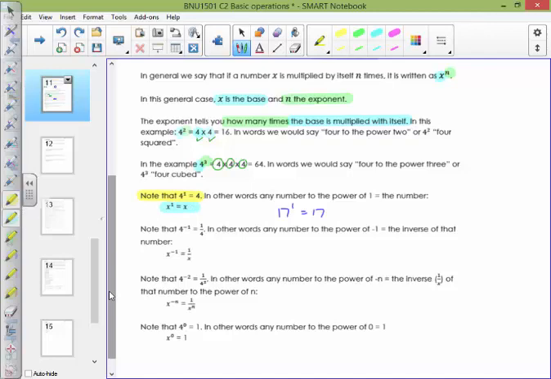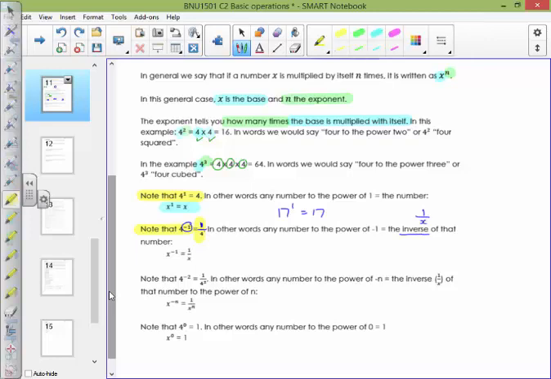However, if it is to the power of negative 1, then we invert. Negative 1 means 1 over. Okay, in other words, any number to the power of negative 1 is the inverse of that number. The inverse means 1 over that number.